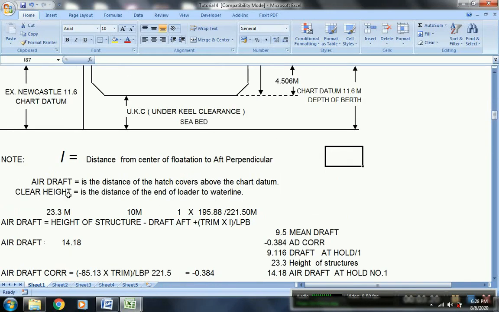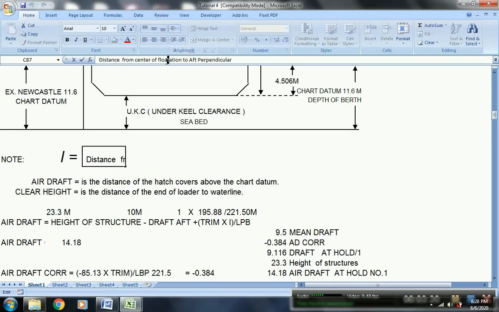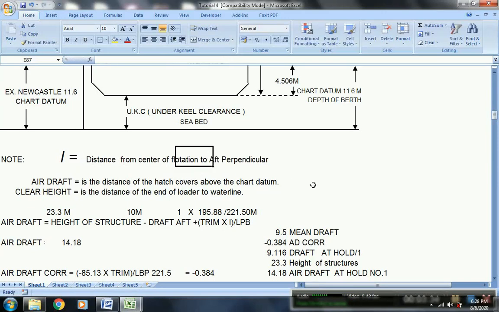Moving on. L equals distance from center of flotation to aft perpendicular. Airdraft is the distance of the hatch covers above the chart datum.